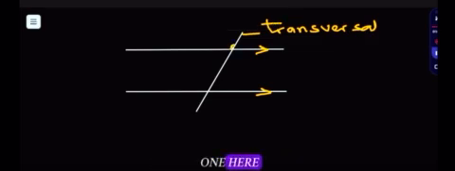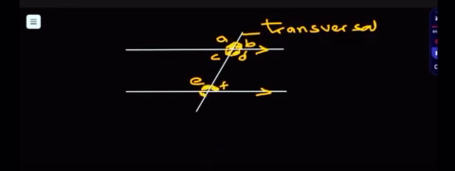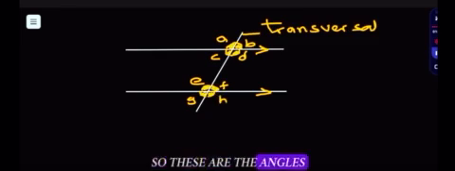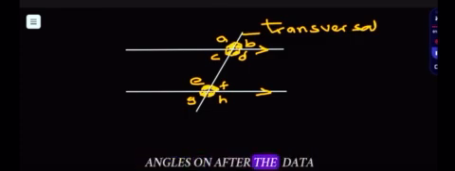If this is the first one here, I'll call this angle A. I'll call this B, this C, this D, this E, this F, this G, and this H. So these are the angles we have between these two straight lines. We shall be discussing these angles one after the other.